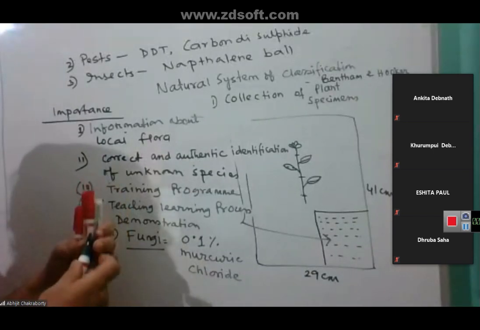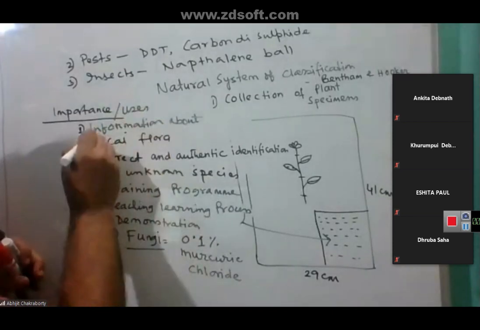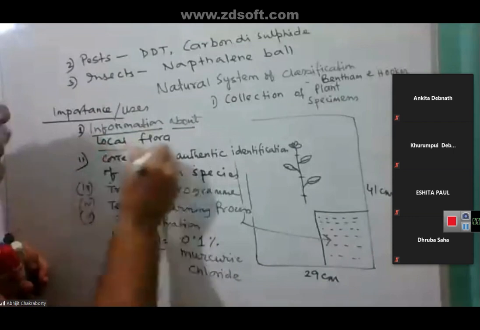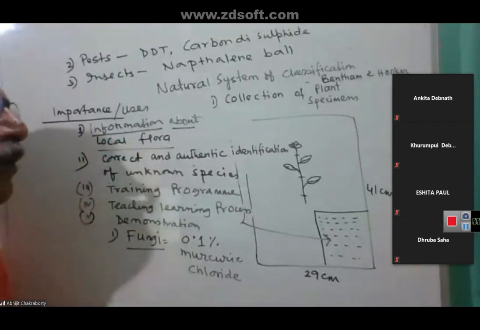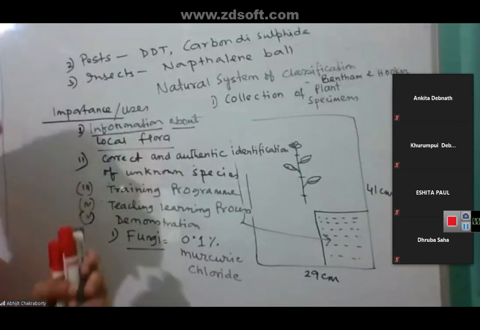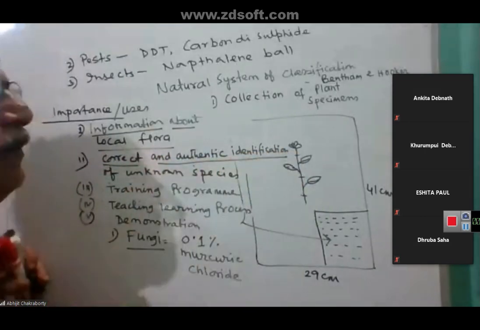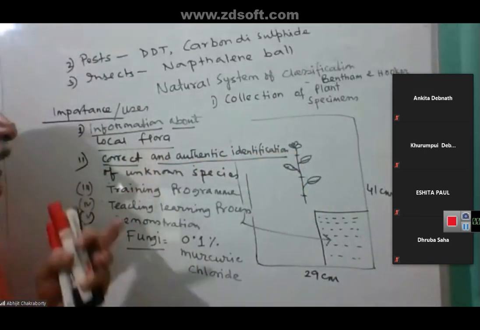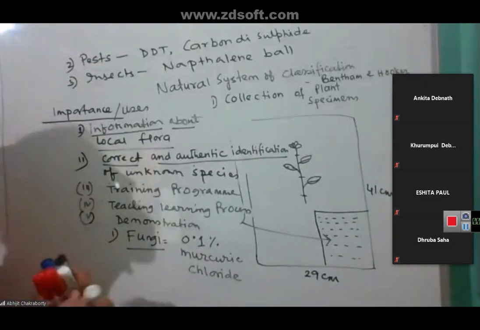Importance or uses of the herbarium. First, information about local flora. In a particular area, what type of flora is available, we can gather information regarding this from the herbarium. Second, correct and authentic identification. If you have to identify a plant correctly, then the herbarium acts as a ready reference. Thirdly, training programs.